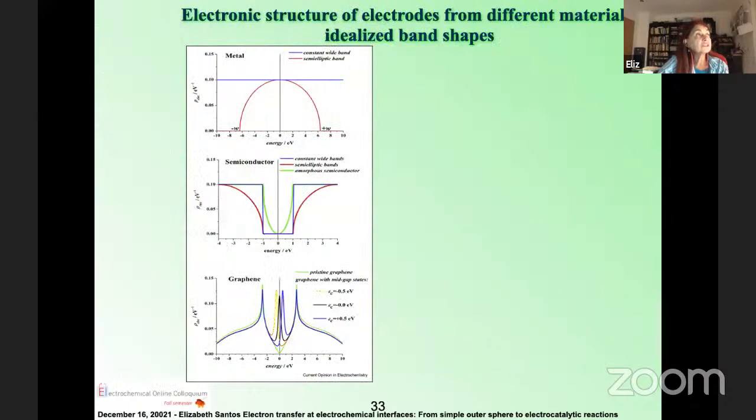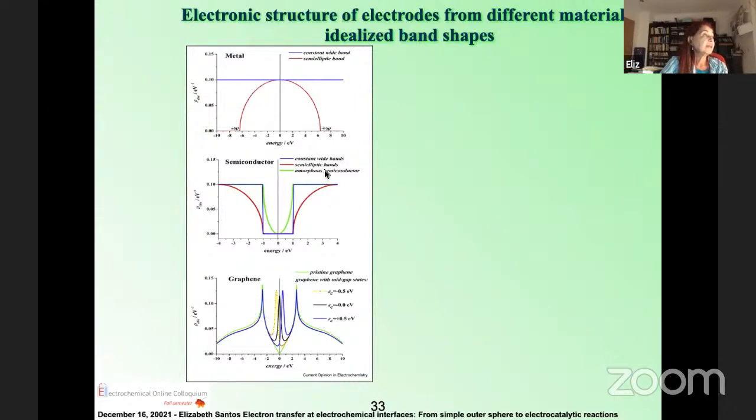The electronic structure of the electrode can have different shapes. We can use idealized models for the bands of the electrode. We can use the wide band approximation and assume that the electrode has a constant density of electronic states, or a semi-elliptic model.